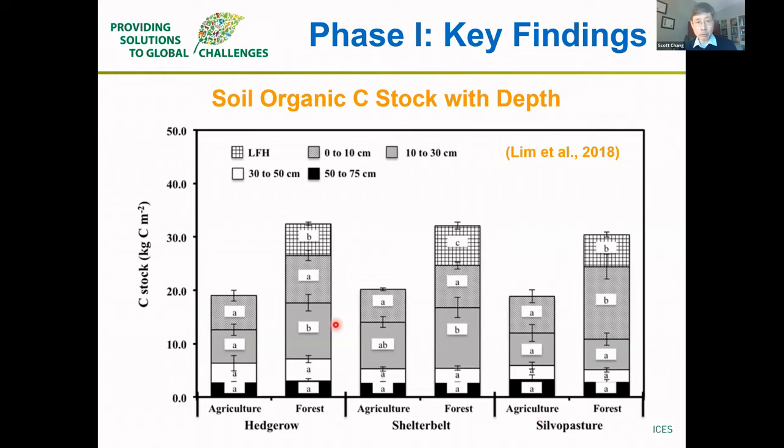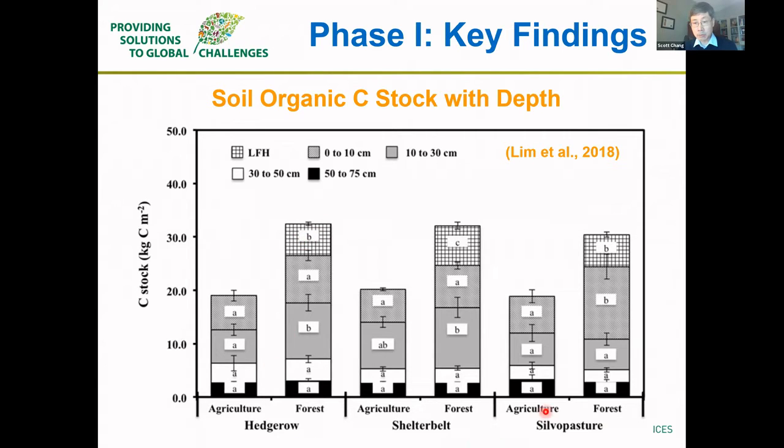And when we convert these carbon concentrations, sampled all the way to 75 centimeters down from the surface of the mineral soil, to account for the effect of the fairly deep roots of the trees in the forest land use in agricultural systems, we see that in the forest land use, regardless of the agricultural system, there was always a lot more organic carbon being stored in the system, including quite a bit in the organic horizon.